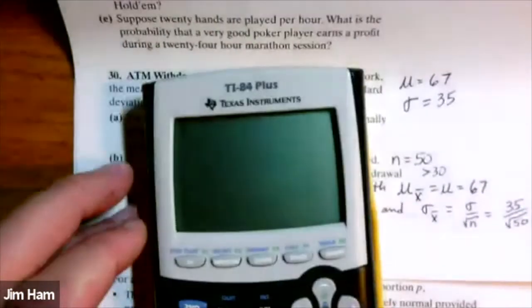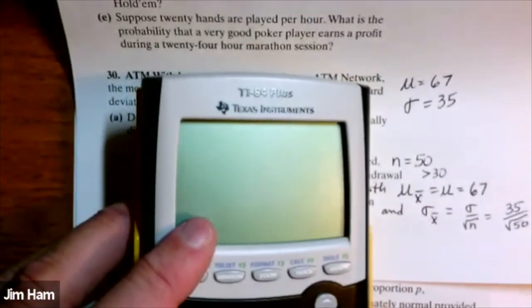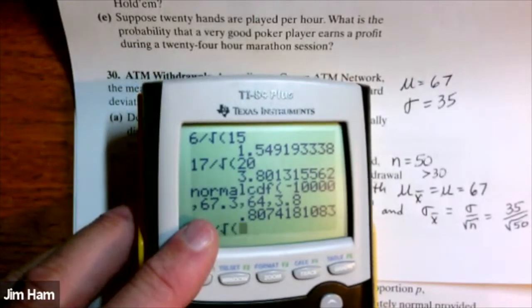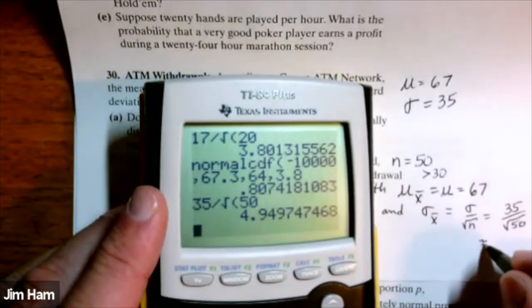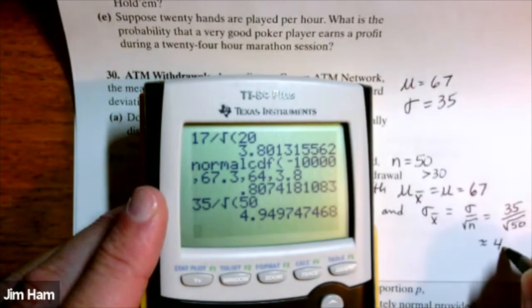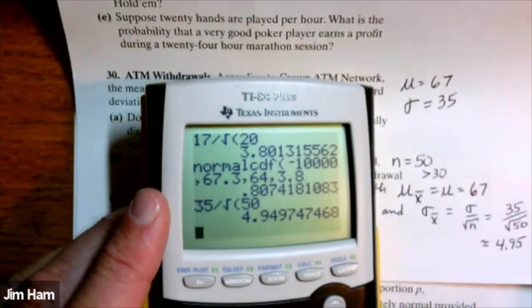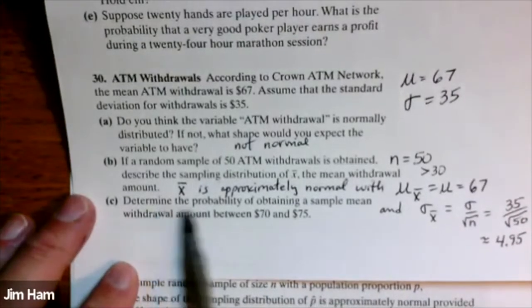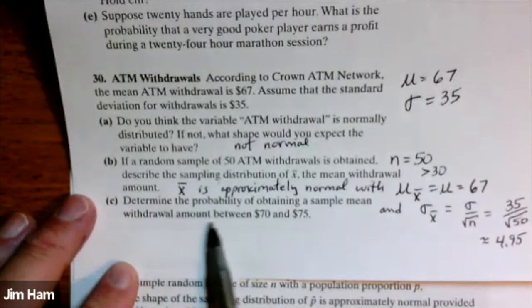And as an estimate, 35 divided by the square root of 50, which is approximately 4.9, we'll call it 4.95.